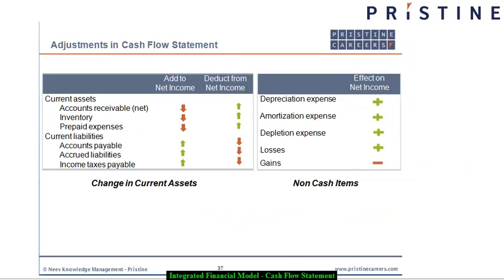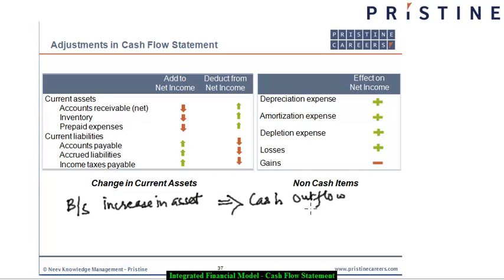Any increase in assets on my balance sheet will simply imply that there is a cash outflow. Okay, it's as simple as that. If there is a decrease in asset, that's definitely cash inflow.